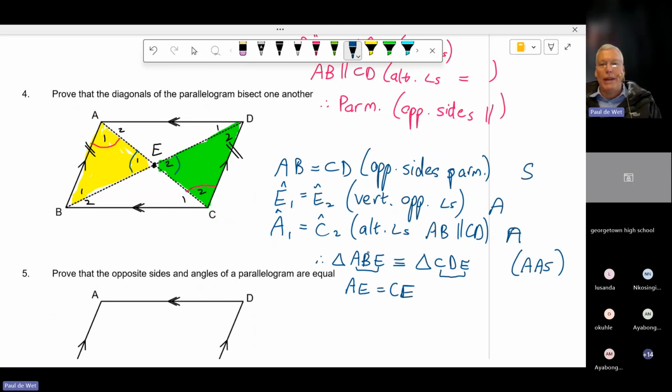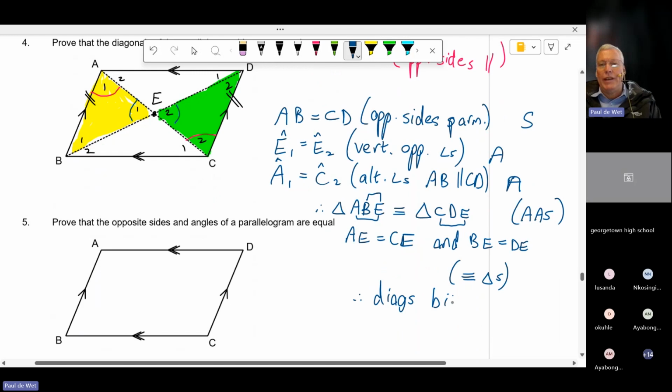What if I take BE, look at here, the middle and the last, what must I take from the other one? Correct. BE equals DE. Why am I allowed to take these things out? Because I've got congruent triangles. Okay, and so I've now done it. Therefore, the diagonals bisect. Because I've shown that AE is equal to CE and BE equals DE.